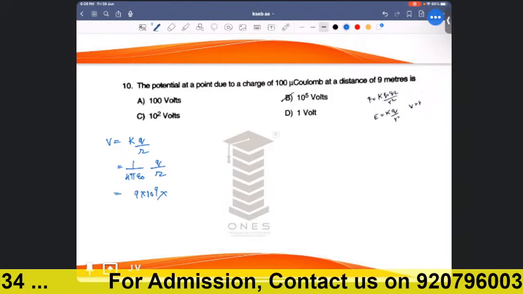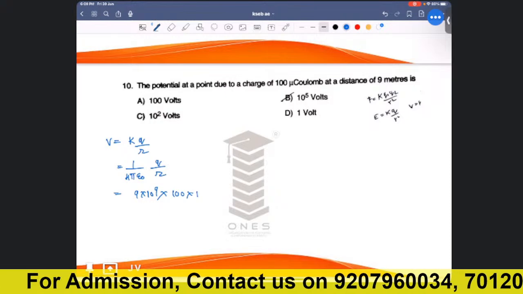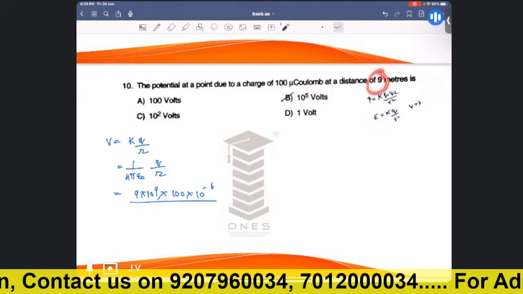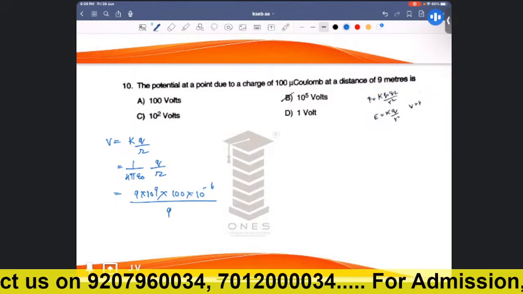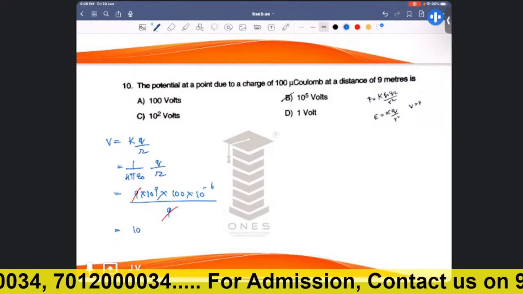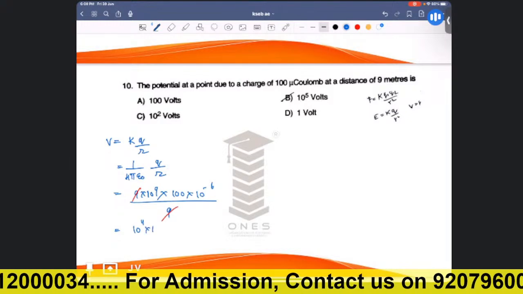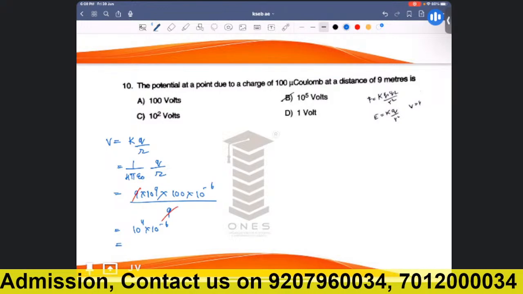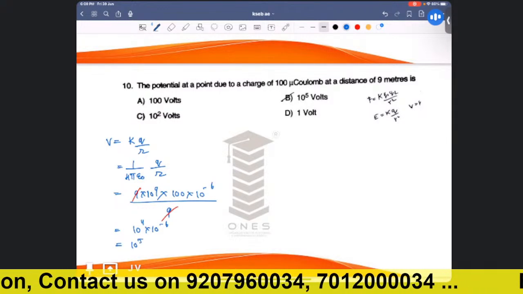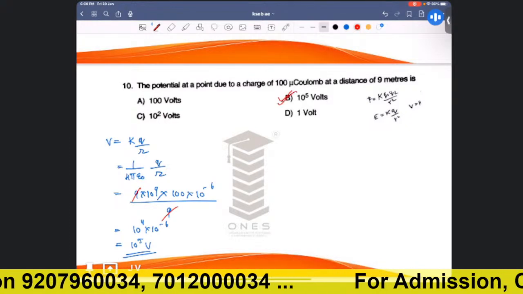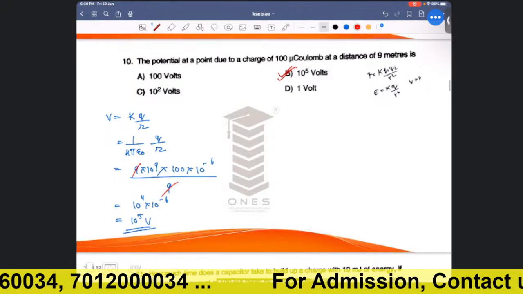Q is 100 microcoulomb, that is 10 raised to minus 6, by R. R is 9 meters. If you substitute that, 9 cancels out, 10 raised to 11 into 10 raised to minus 6, so it will be 10 raised to 5 volt. So the correct option is option B, 10 raised to 5 volts.